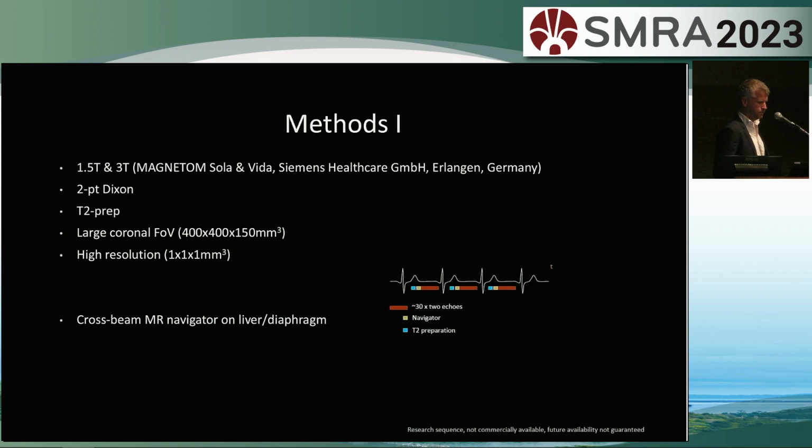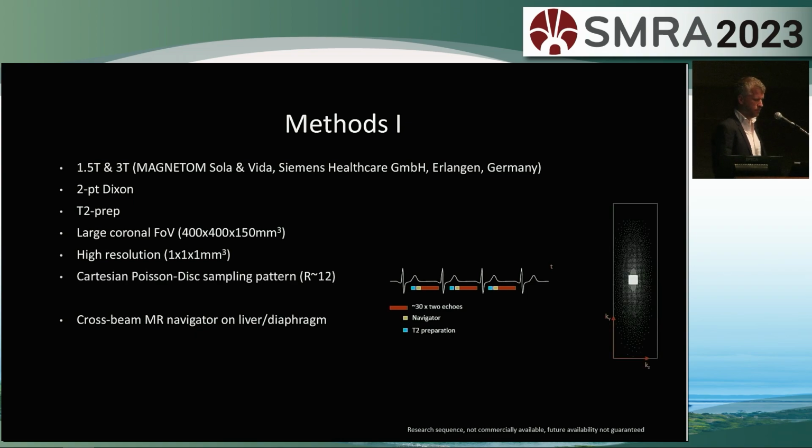The sampling and the acceleration were performed using compressed sensing on a Poisson disk sampling pattern. And one feature that was included is to reduce the motion during the acquisition window by reordering the k-space in a center-out fashion.